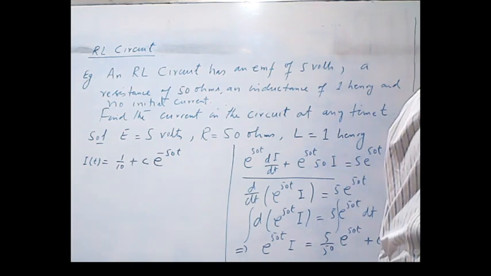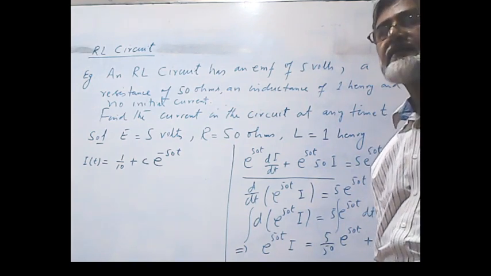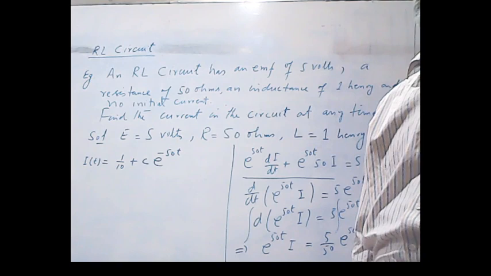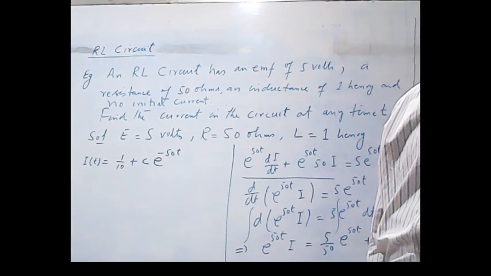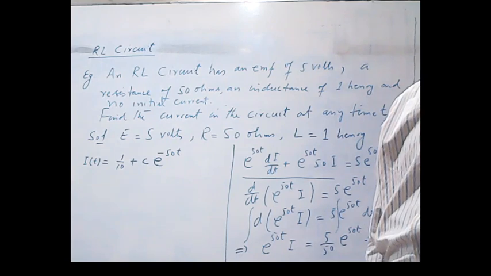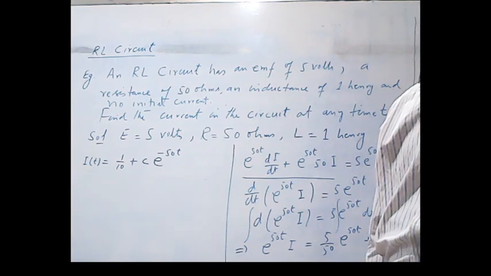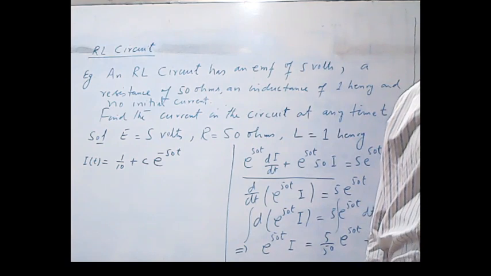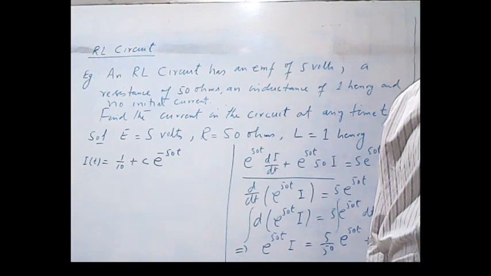So you know the current and charge are related by the equation I is equal to dq by dt. So if I is given, then you can find dq by dt, and using dq by dt you can find the charge. If charge is given, then directly differentiate with respect to time, and you will get the current.